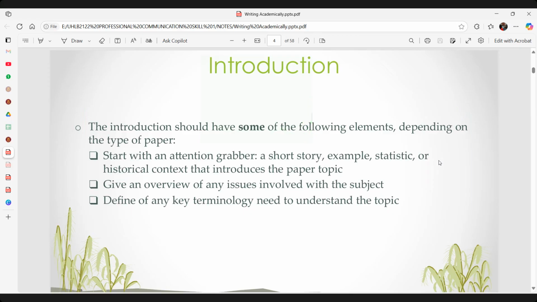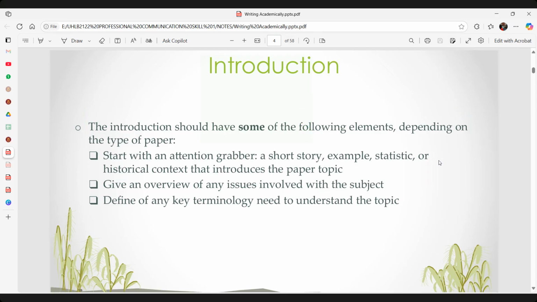Now, if you read on the screen, it says depending on the type of paper. In your case, it's a report, and a report means it's serious. So you can't use a short story. You can't use an example, but you definitely can use a statistic. And the historical context can be the background information, obviously.